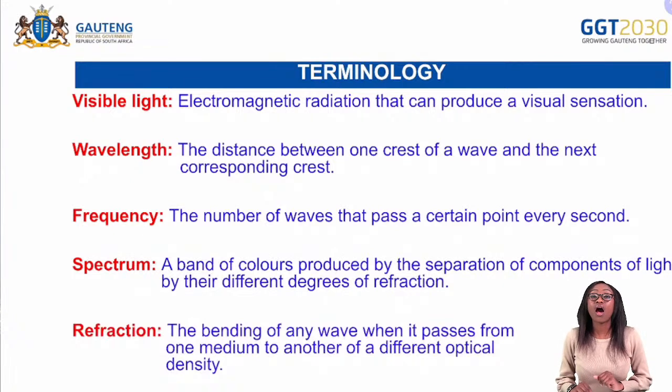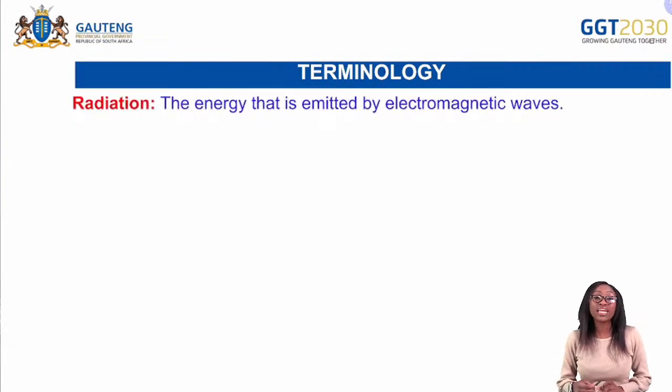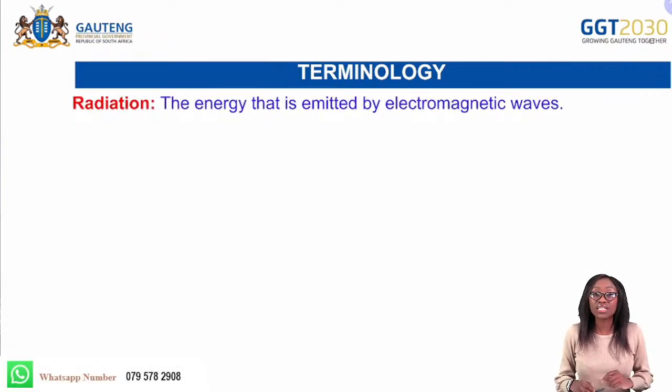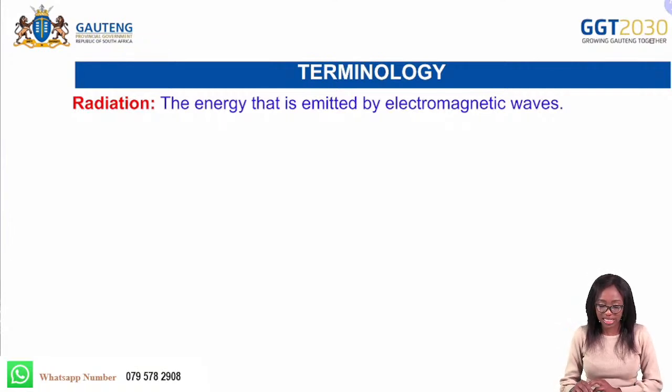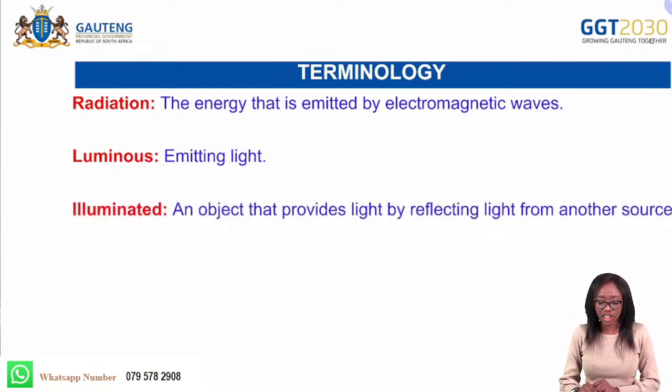Now let's look at our second slide. We're still on terminology. Radiation, what is radiation? Radiation is the energy that is emitted by electromagnetic waves, and then luminous means emitting light, and illuminated.